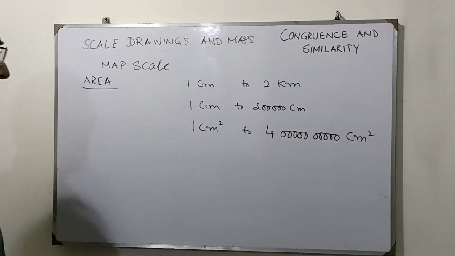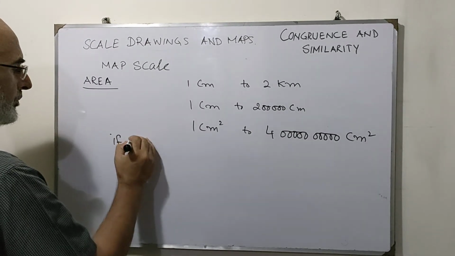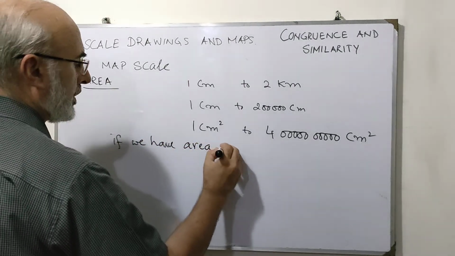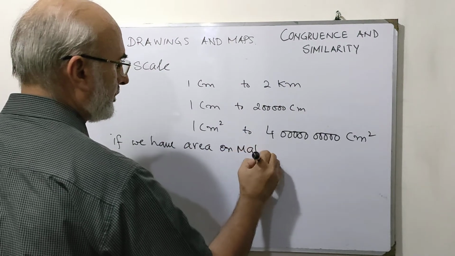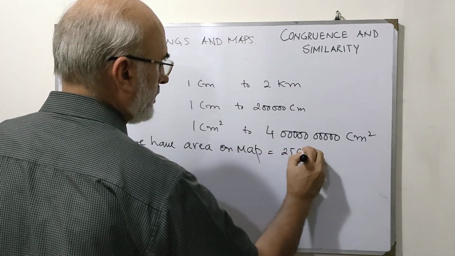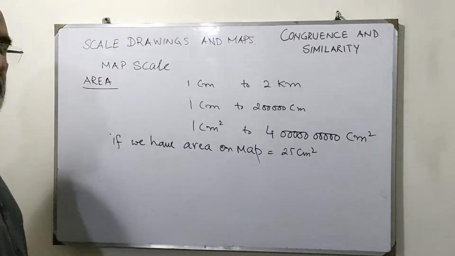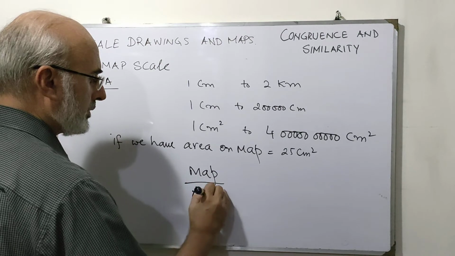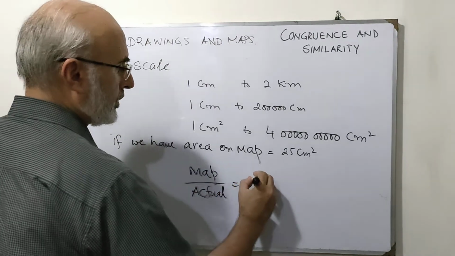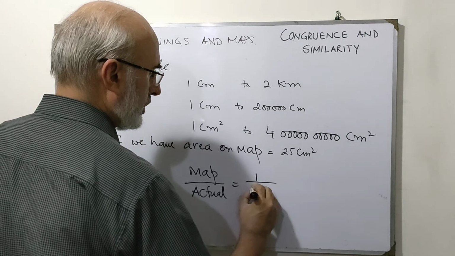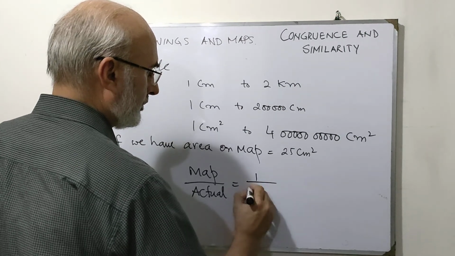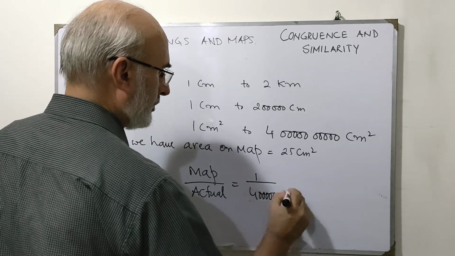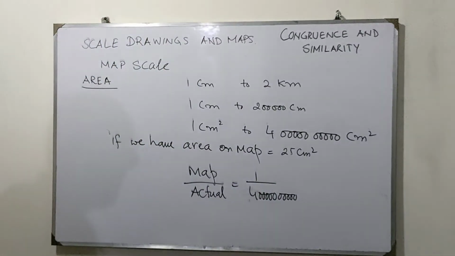Okay, so if we have area on map equals 25 centimeters square, what are we going to do? Map over actual is equal to map over actual. So be careful with the zeros, there are so many zeros.